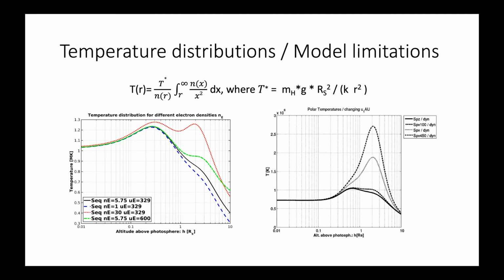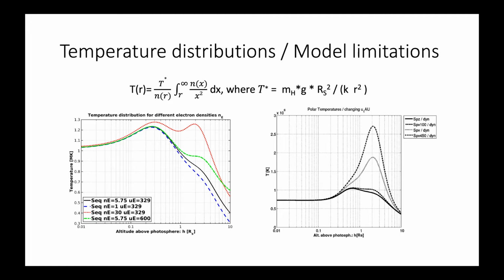As you can see, depending on the value of the solar wind velocity at 1 AU, we can get different temperature distributions, even as low down as 0.1 or 0.2 solar altitude.